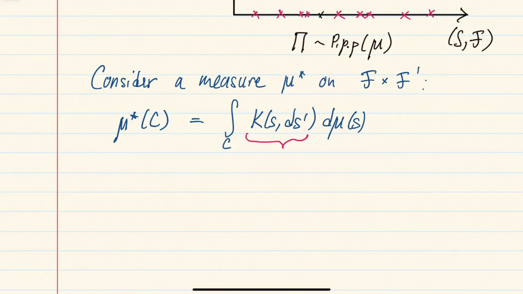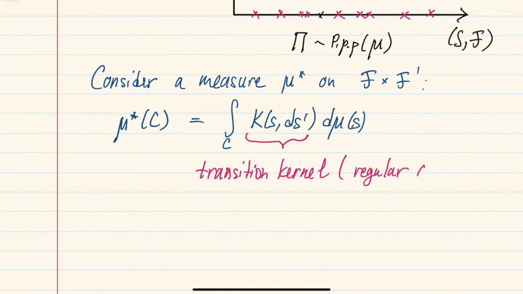So this K here is called a transition kernel, or it can also be called regular conditional probability, which is a function of a variable S on the first space and a measurable set on the second space with the following two properties.